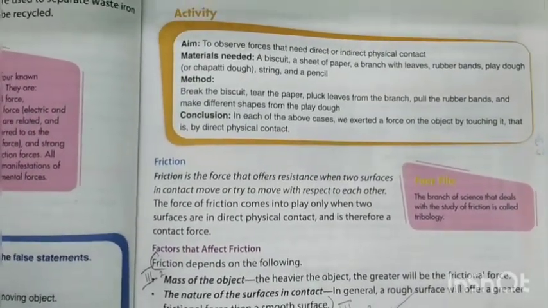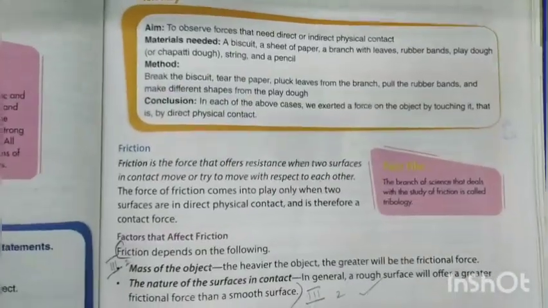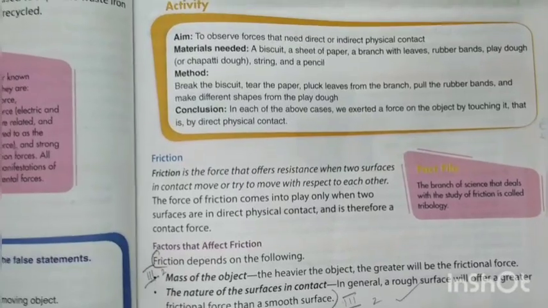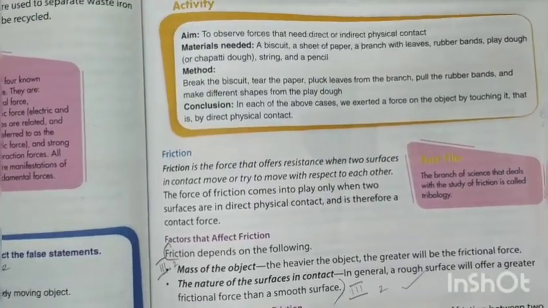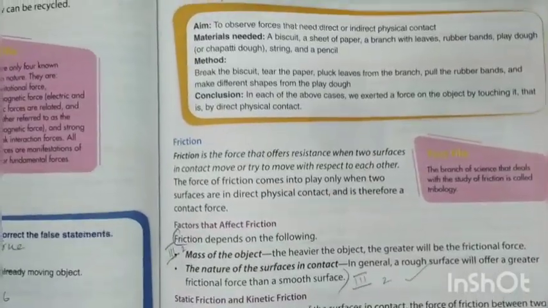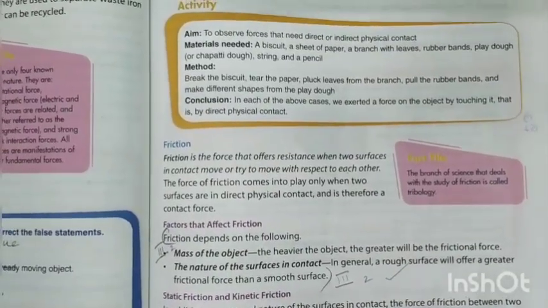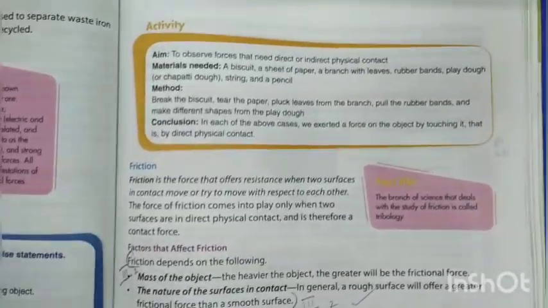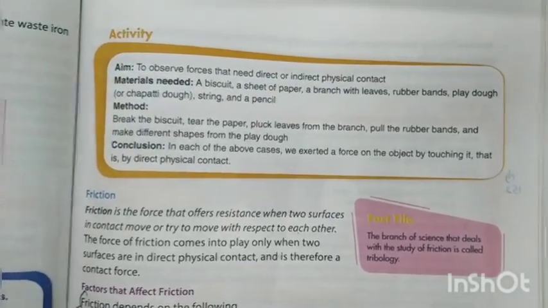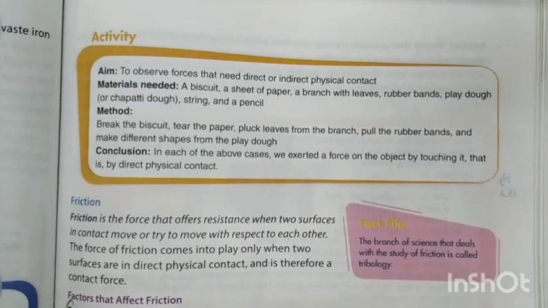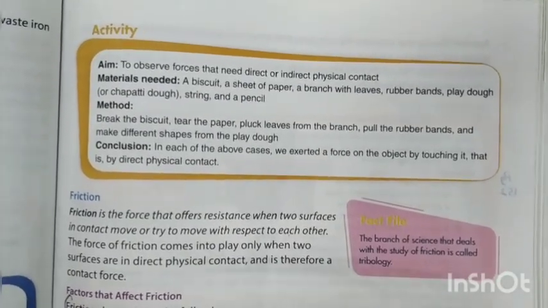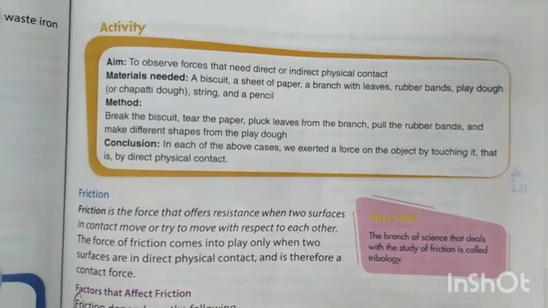So, whenever we are breaking the biscuit or tearing the paper, plucking the leaves, pulling the rubber bands, or making different shapes using the chapati flour, we are applying different forces. We have the object, and the object is touched with force by our hand. So, that is called contact force. Okay. So, this is the second activity.